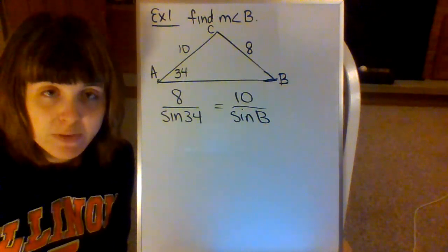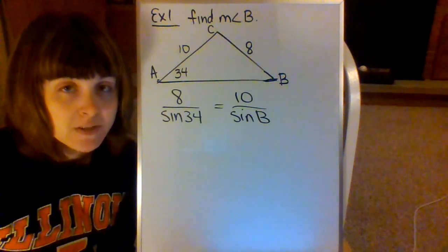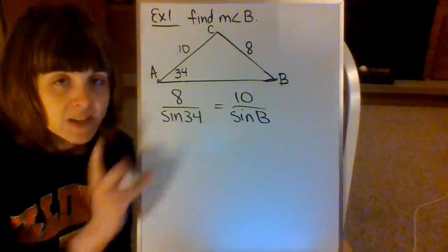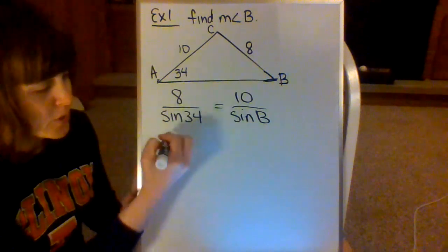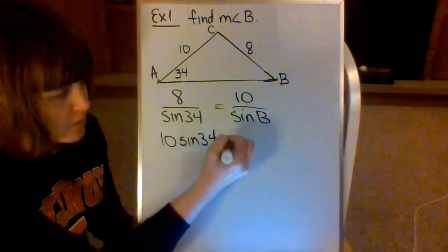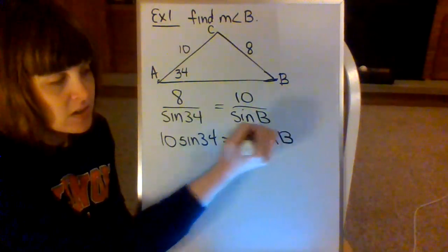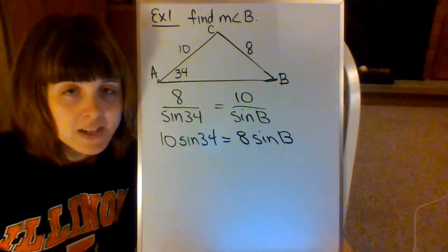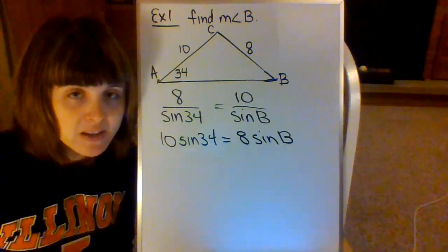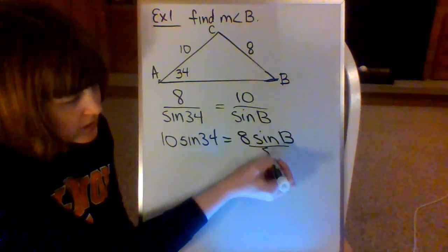Do you remember from yesterday how to cross multiply to solve this? First we're going to have 10 times sine of 34 equals 8 times sine B. Our goal is to get angle B, so we're going to first have to divide both sides by 8.